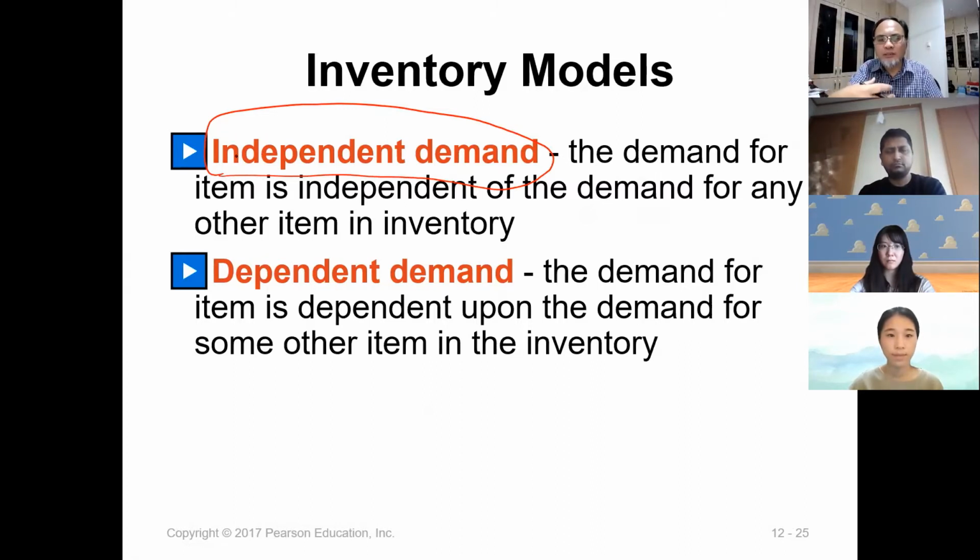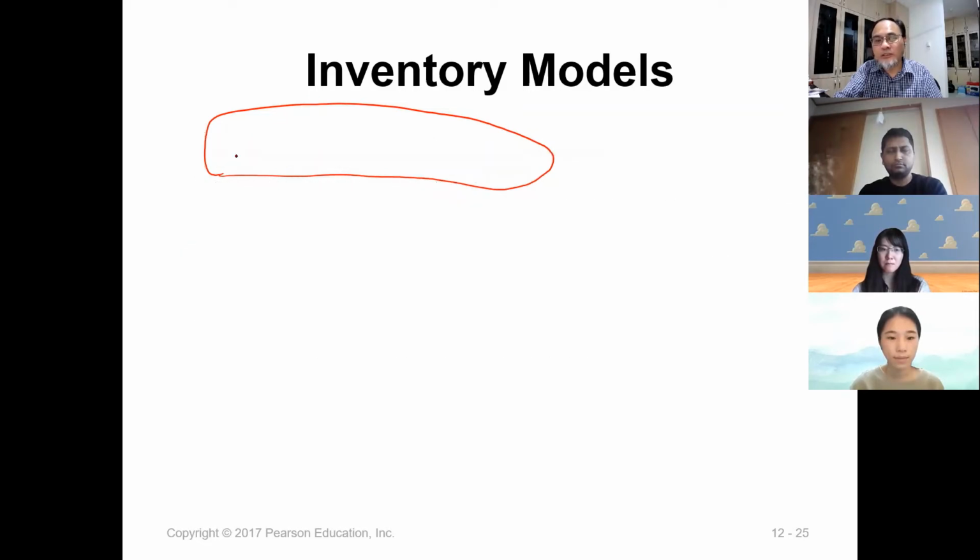Dependent demand is like the example I gave you: if you want to produce 100 computers, you need enough components to meet the 100 computers. That is dependent demand, and it needs a different type of inventory control or scheduling.